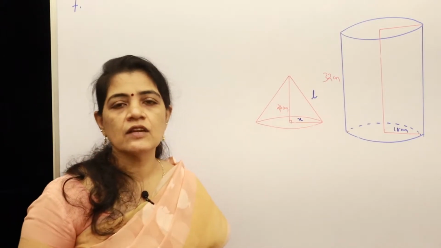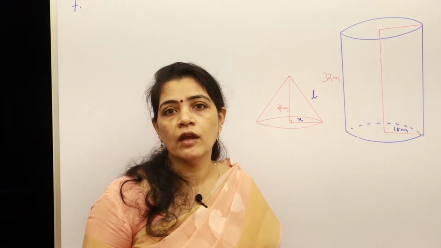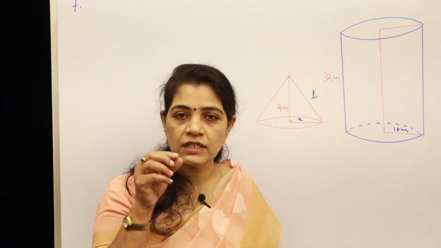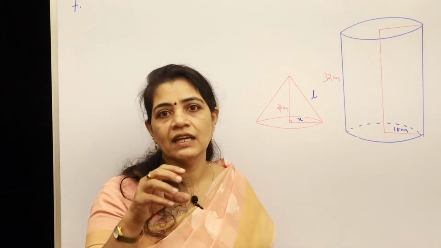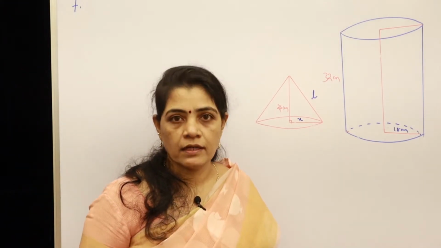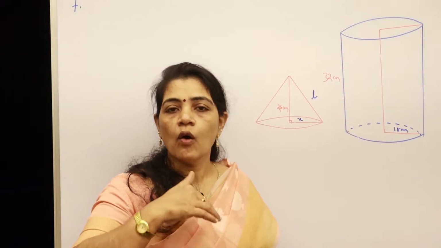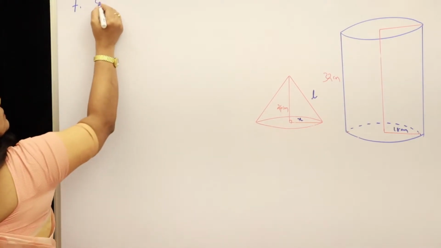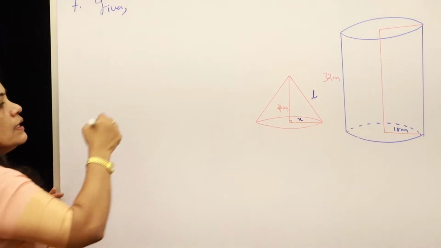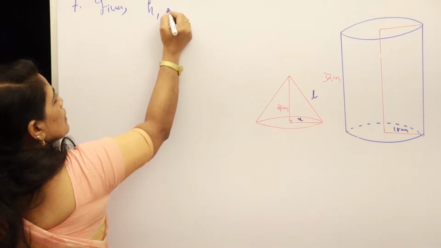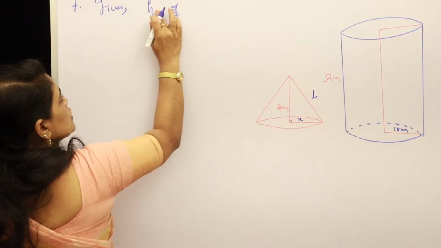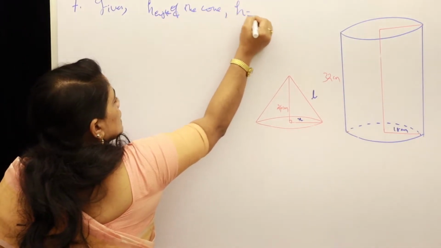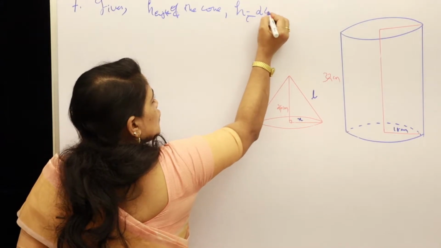So the first step is to equate the volume of the conical heap to the volume of the cylinder. In the first case the sand was inside the cylinder, so it takes the shape of the cylinder, that means pi r square h. The whole sand is transferred onto the ground. Given the height of the cone, h1, is equal to 24 centimeter.